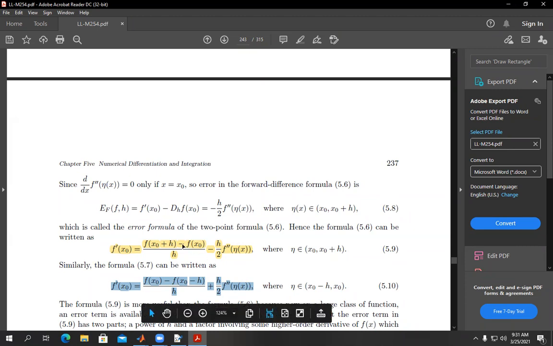But generally, we use the forward difference formula. If the teacher says use the 2-point formula, always use the forward formula.